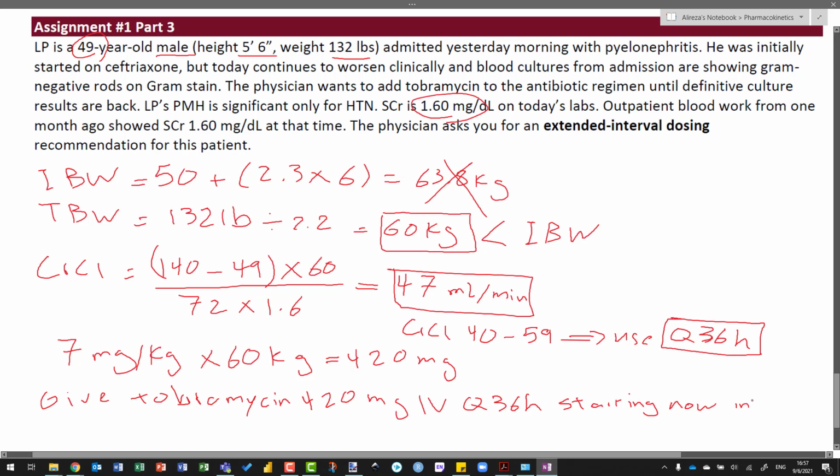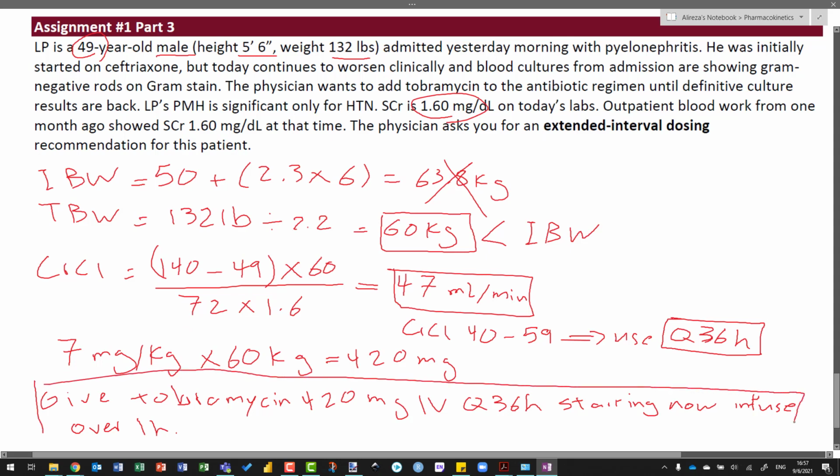So infuse over 1 hour, and this is the recommendation for this part.